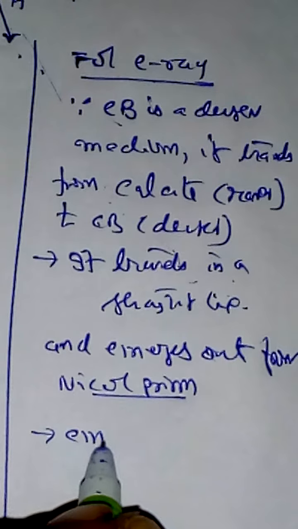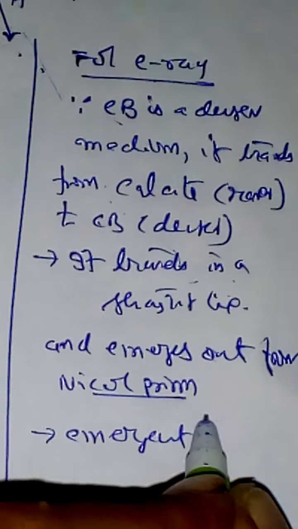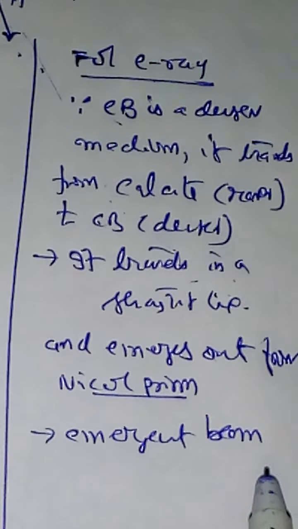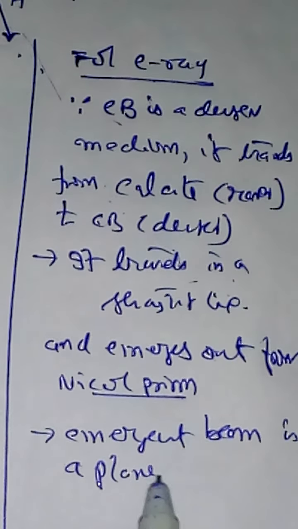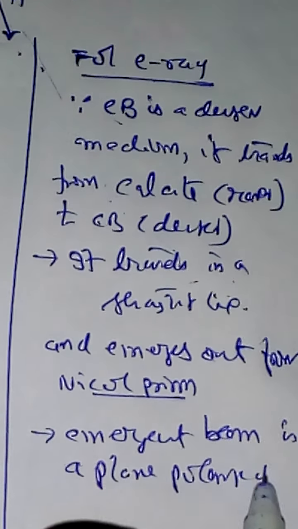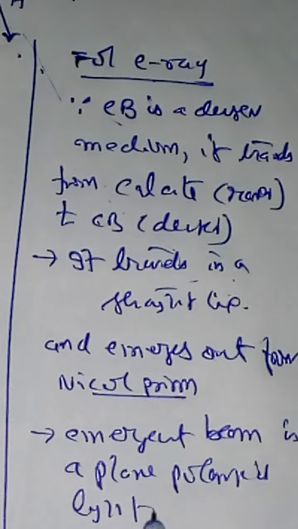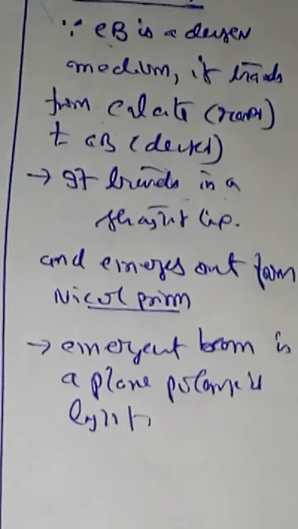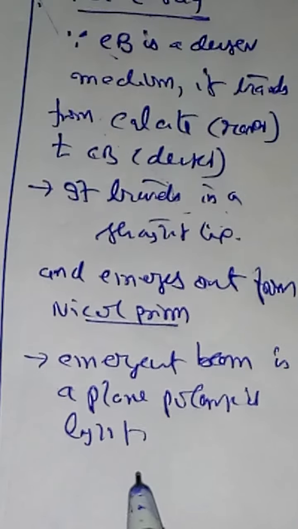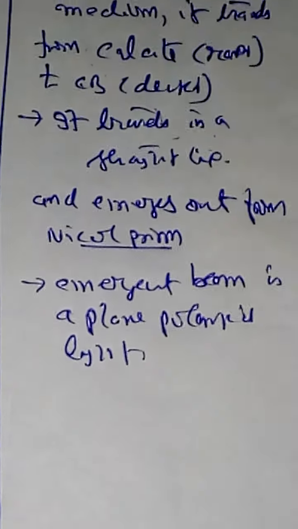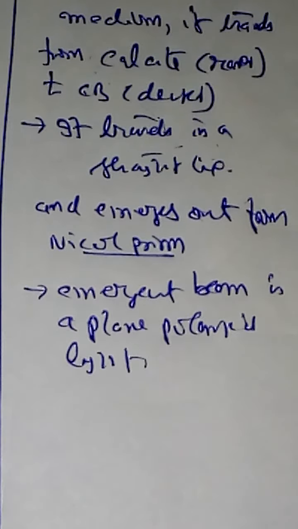That means this emergent beam of the extraordinary ray is plane polarized light. Understood? So let us understand this in the form of a geometrical approach, right?